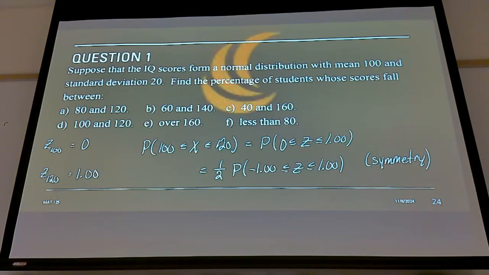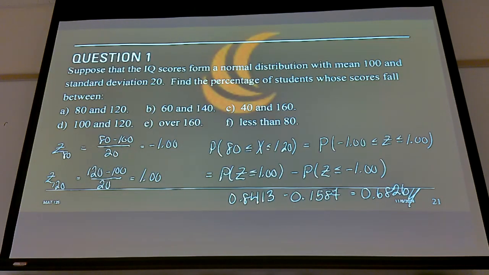Because it's perfectly symmetrical about 0. You wouldn't be able to use symmetry if that was not 0. But it is 0, so we can use symmetry. So it's going to be half of 0.6826.